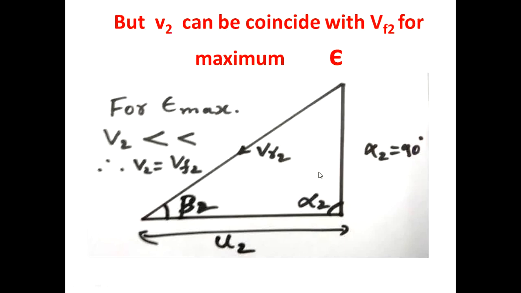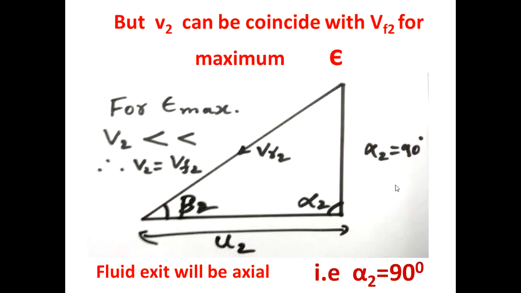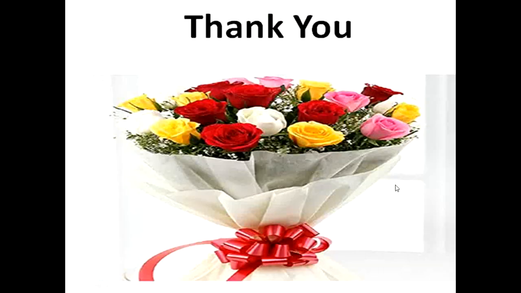Therefore, V2 is very less. Then VR2 will coincide with VF2. Your utilization factor will be maximum. When utilization factor is maximum, alpha 2 is equal to 90 degree and VU2 is equal to 0. Thank you.